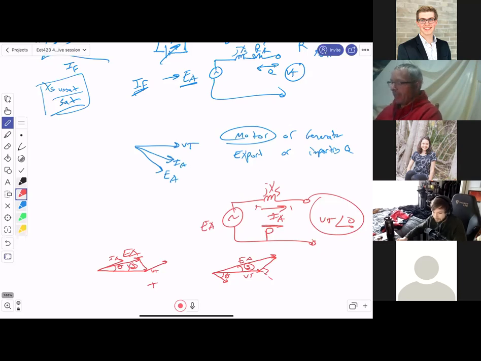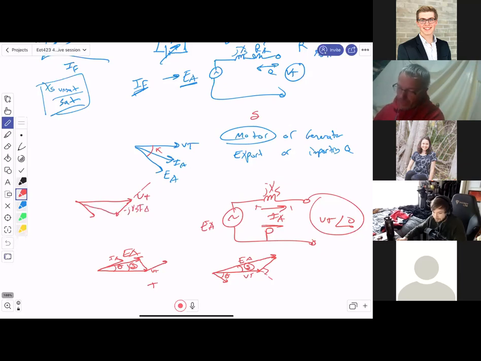So it's a motor. Why? Because our delta is negative. And let's take a look at that. Here's VT. That's always our phasor diagram. If I subtract my jIXS, let's draw the lagging power factor. So normally I would get a phase shifted one up here, but I'm subtracting it, aren't I? So subtracting it means it's actually down here. This is minus jXSIA.